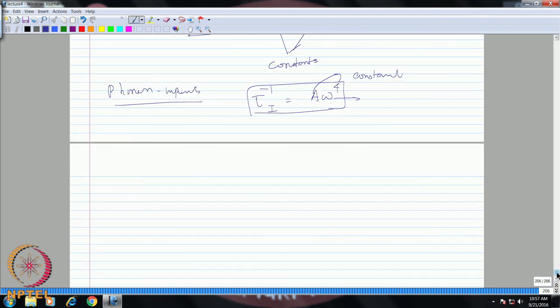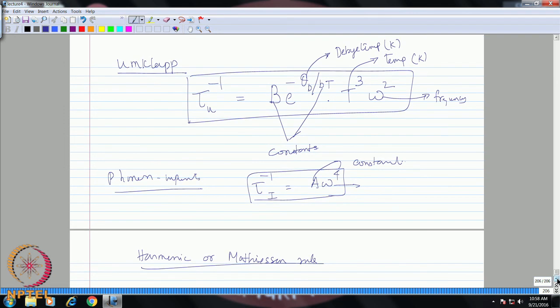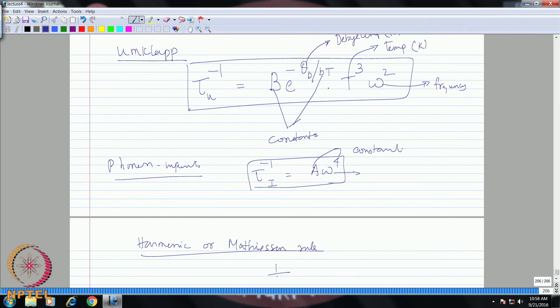So, we have all these different scattering relaxation times. How do we calculate the total relaxation time? We use what is called a harmonic mean, or Matthiessen's rule, which is just a harmonic average. So, 1 over tau will be 1 over tau_U, your Umklapp scattering time, plus 1 over the phonon-impurity scattering time.